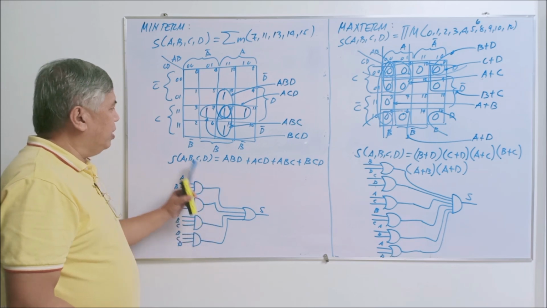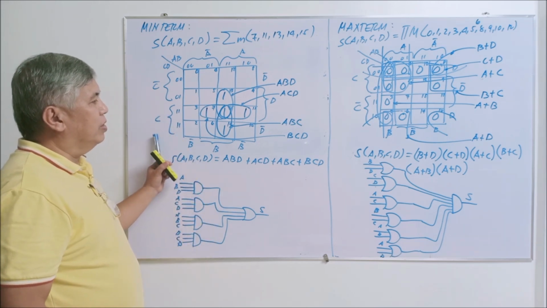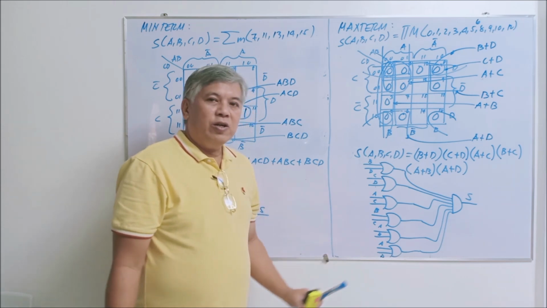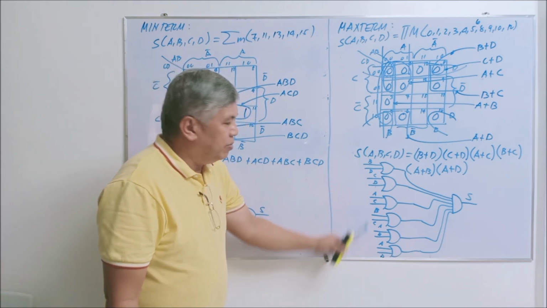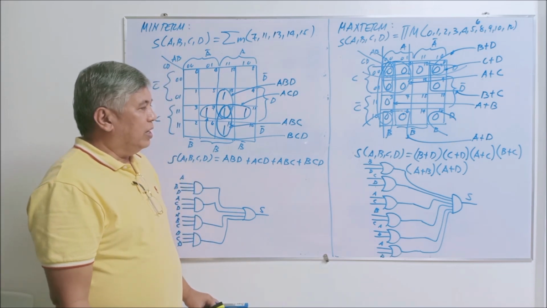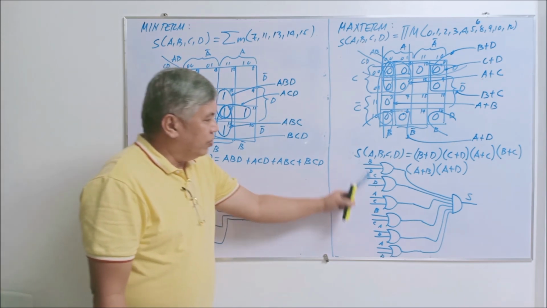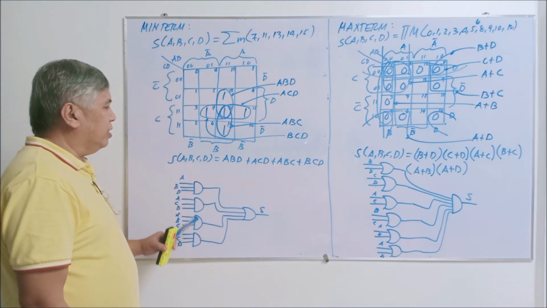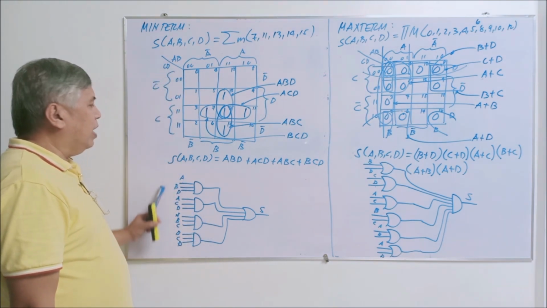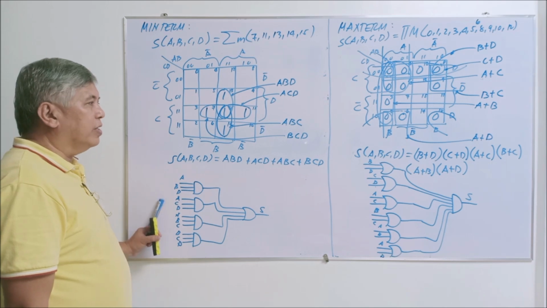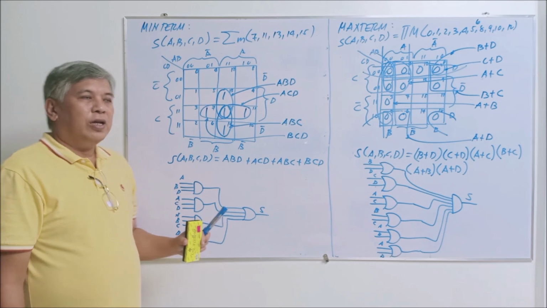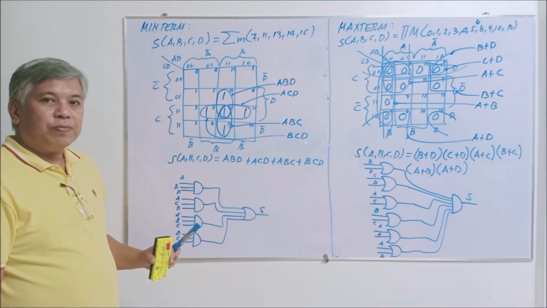So, instead of using the sum of product expression, we use the max term or the product of sum expression. Because there are many OR gates available, so this is what we will use. But if you go to the electronic center, and there are more AND gates available, then we will use the min term or the sum of product expression.